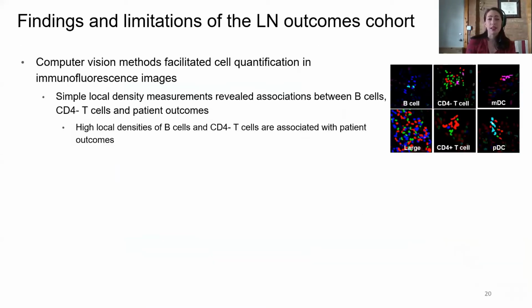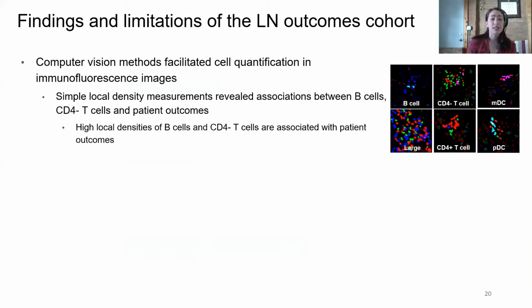So with this lupus nephritis outcomes cohort, we have found that computer vision methods facilitated cell quantification in these immunofluorescence images. Simple local cell density measurements reveal the association between B cells, CD4 negative T cells, and patient outcomes.